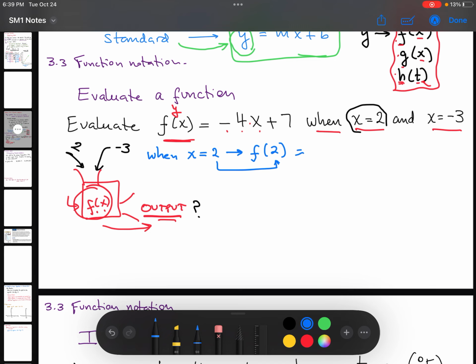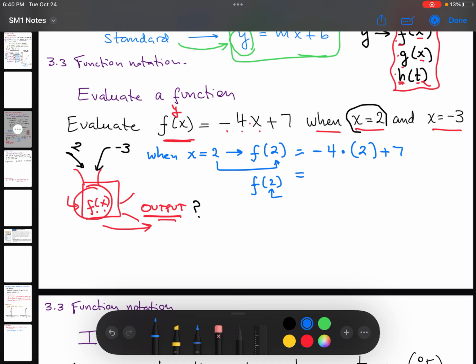So it equals negative 4 multiplied by the number we are currently using for our input, which is number 2, right? Not negative 2, number 2. And then you add 7. So f of 2 means what is the output when the input is 2.